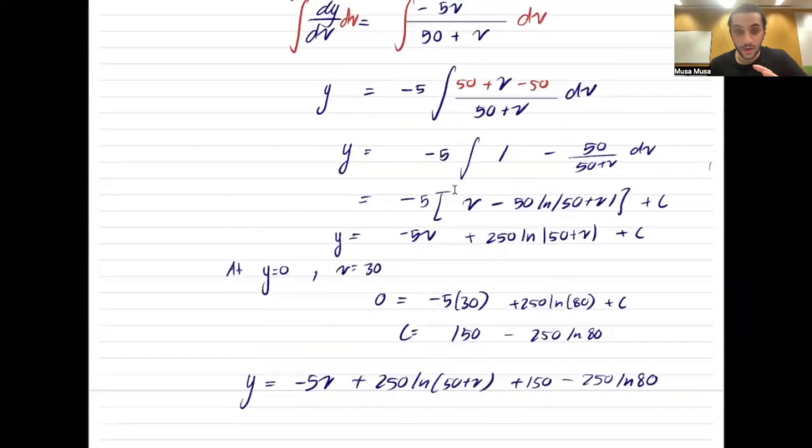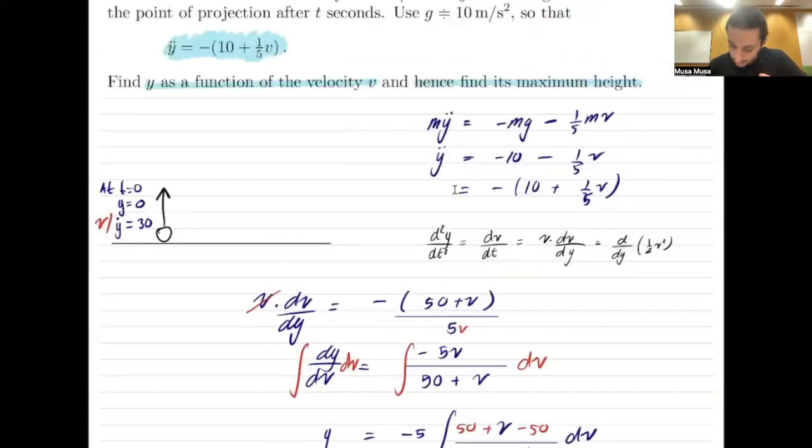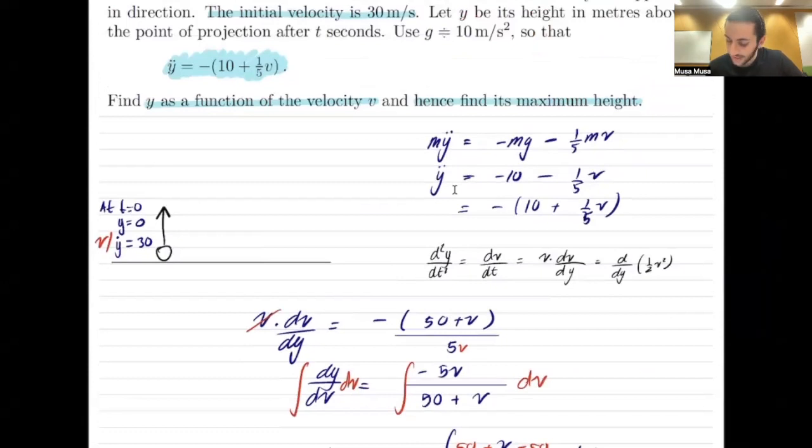Now, that's that. It says, hence find its maximum height. So you physics students will already know this, but as a reminder, I have my AirPods here, and when you throw something up in the air, at the very peak, the velocity is 0 because it's in between moving up and moving down.